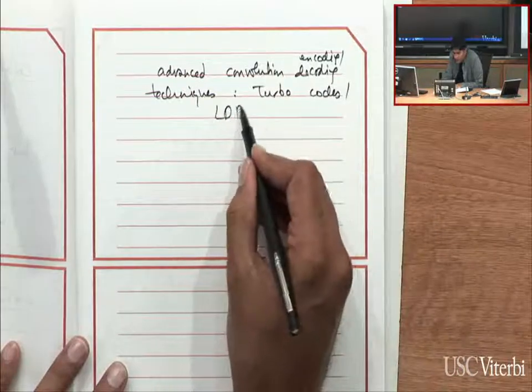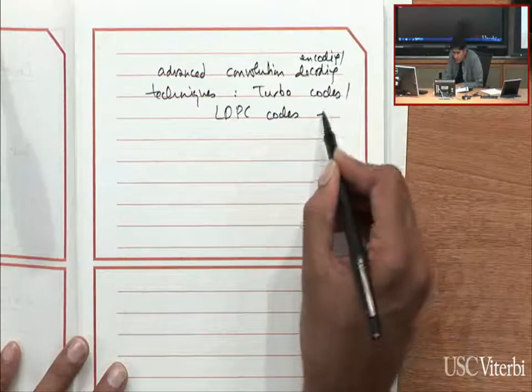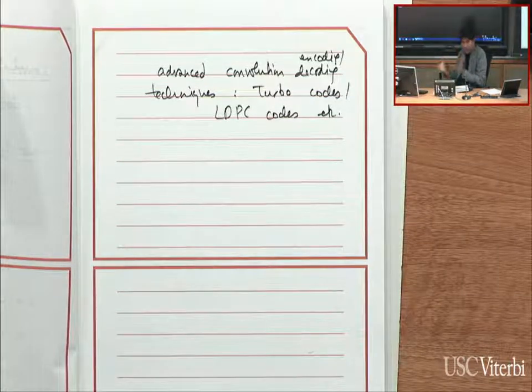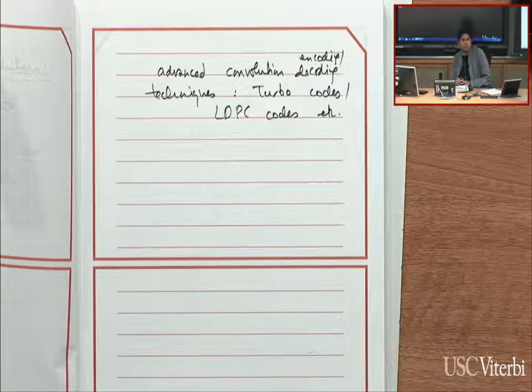There are also these LDPC codes, etc. Okay, so there's a whole arsenal of algorithms for encoding and decoding that have been developed that are basically variations of convolutional coding that are extremely efficient at reducing the error rate.